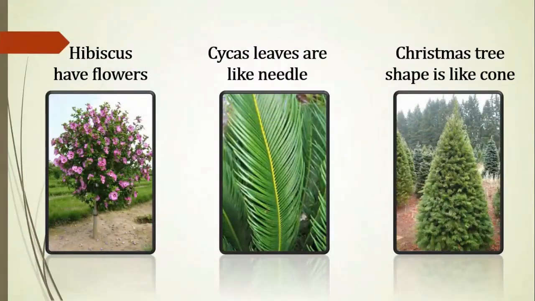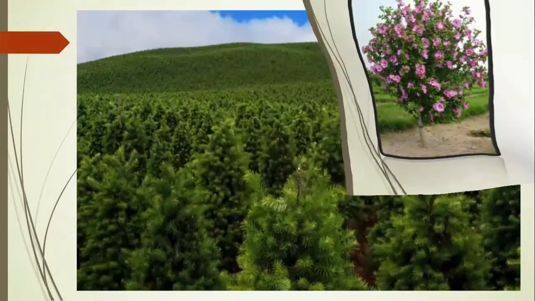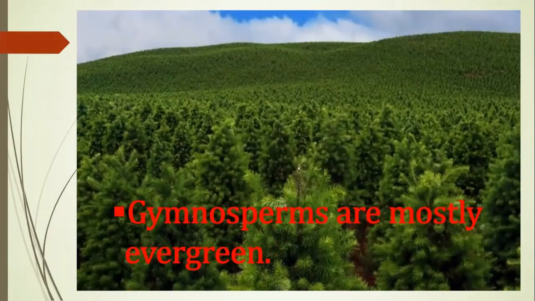You will observe that hibiscus has flowers, cycas leaves are like needles, Christmas tree shape is like a cone. Gymnosperms are mostly evergreen. Evergreen means a plant that retains green leaves throughout the year.